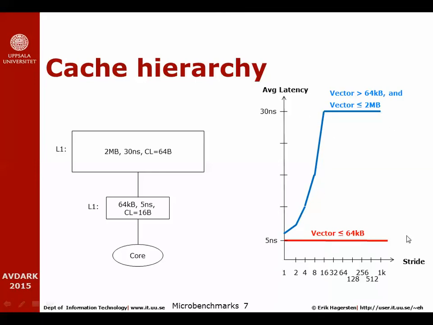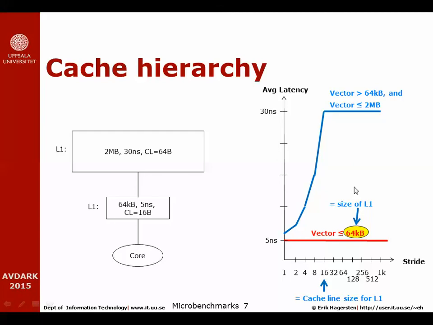So from this behavior, we can draw at least 3 different conclusions. One conclusion is that without knowing what cache hierarchy was inside our computer, just by looking at how the different vectors behave and the shape of this ski slope, we can draw the conclusion that the cache line size for the L1 cache is 16. We can also say that we know the size of the first level cache, because for 64 kilobytes and smaller vectors, regardless of stride, we always see the low latency.